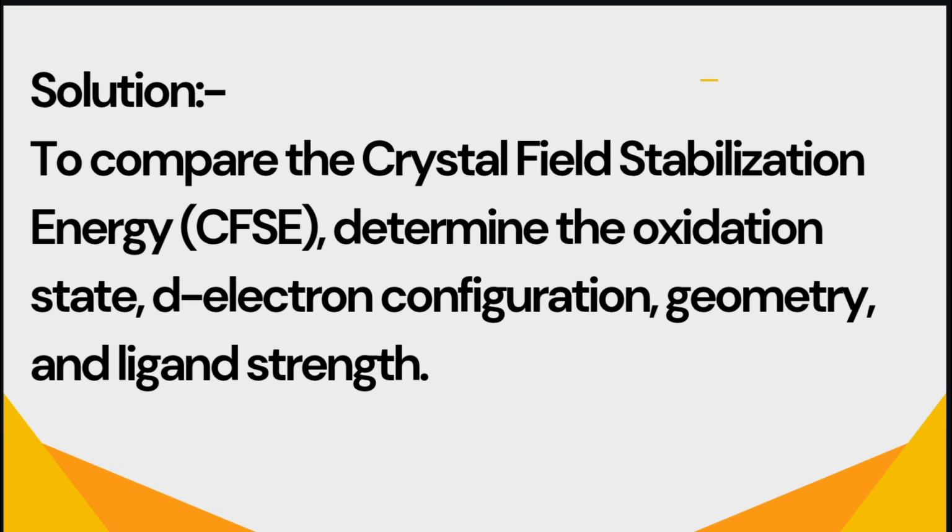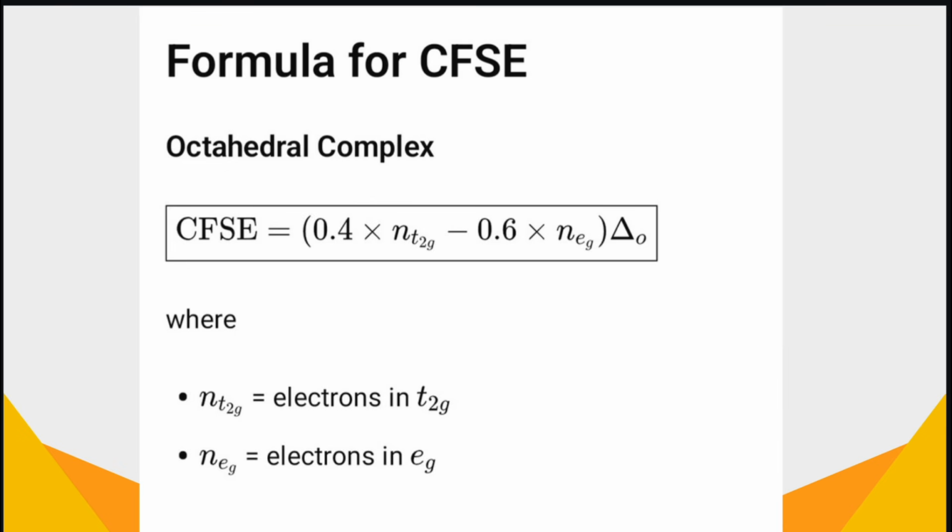To compare the crystal field stabilization energy CFSE, determine the oxidation state, d electron configuration, geometry, and ligand strength. First we have to remember the formula for CFSE. For an octahedral complex, CFSE is equal to (0.4 × nt2g − 0.6 × neg) × delta naught.